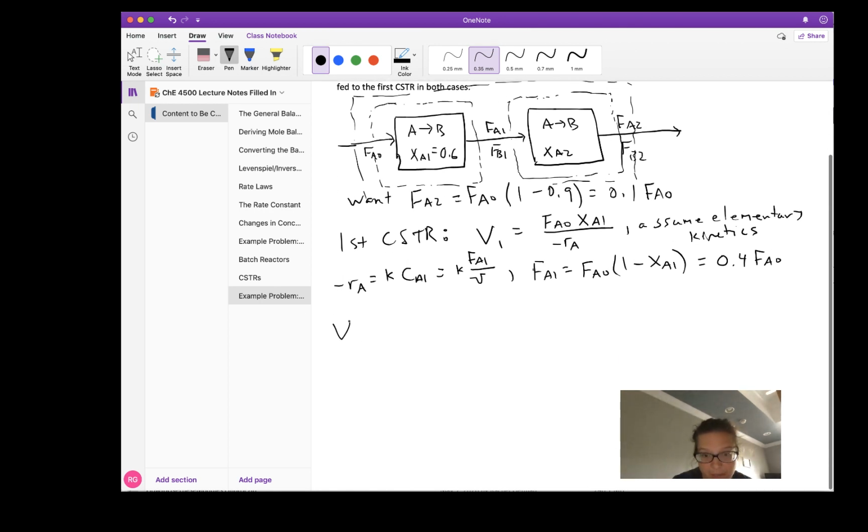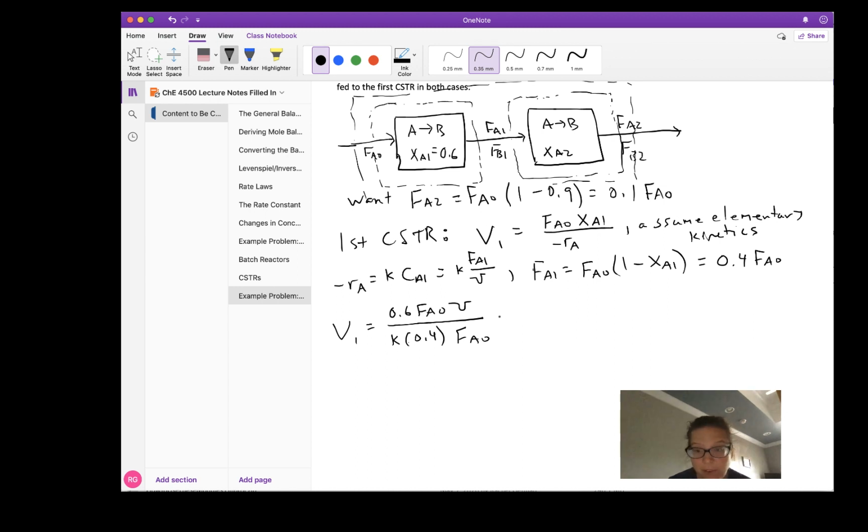And I'm going to get V1 is equal to 0.6 FA naught times script V divided by K times 0.4 times FA naught.